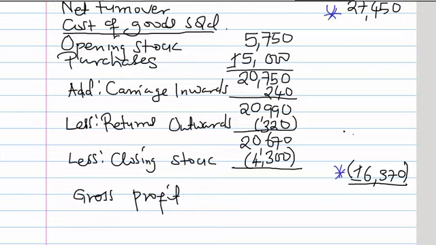So 27,450 minus 16,370 is going to give us 11,080, and that 11,080 is known as the gross profit.